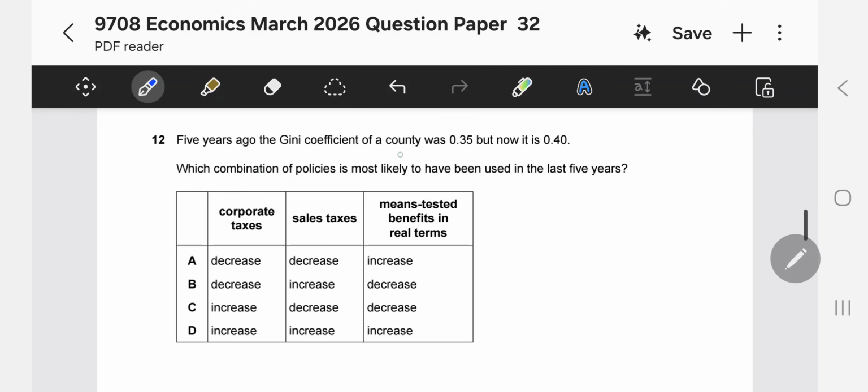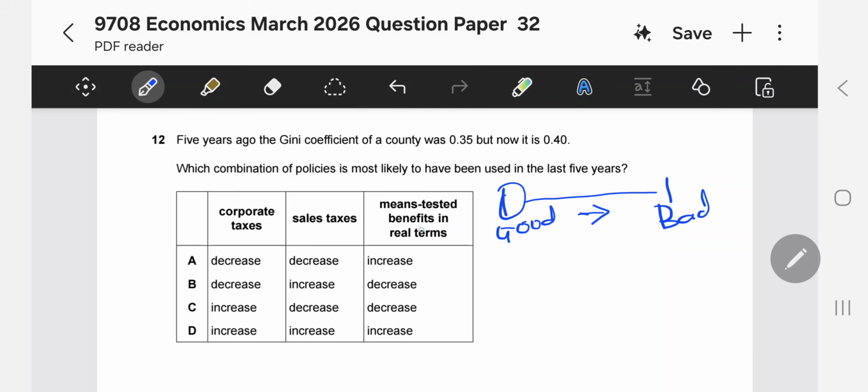Five years ago, the Gini coefficient of a country was 0.35, but now it's 0.40. So I'm just going to write 0 here and 1 here. This is good, and this is not good. There's a lot of income inequality in that country. Which combination of policies is most likely to have been used in the last 5 years? It's getting worse, so it's going towards that direction. So I'm going to look for things that are going to make this worse. Let me start with this column here.